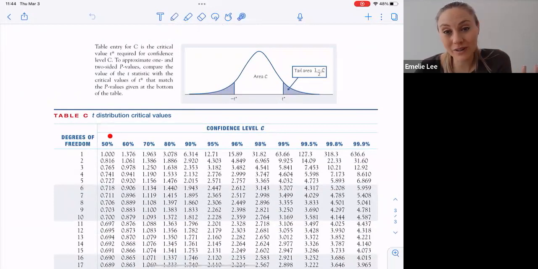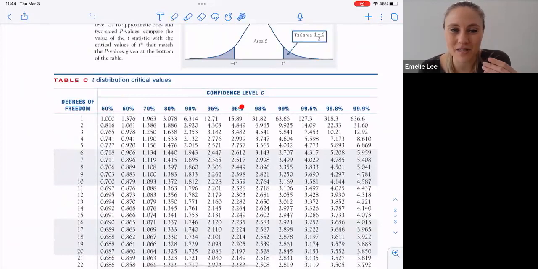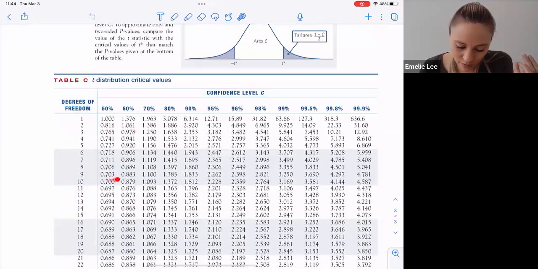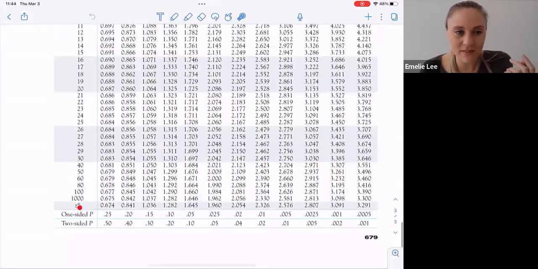We are going to use this table, but for now, we're just going to focus on looking at these confidence levels. Hey, this looks promising, right? And then we're going to ignore everything in between until we hit this Z star line.